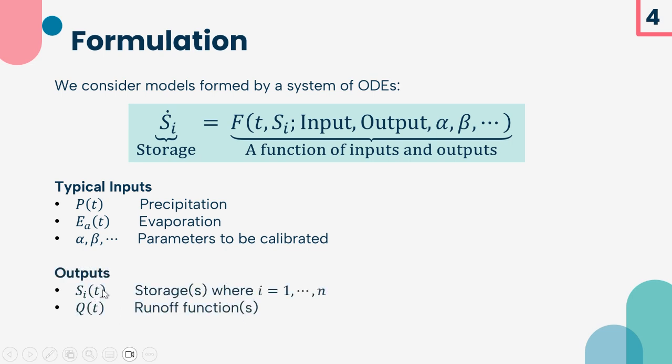So your main output is the storage, which is the key thing we want to analyze, and the runoff functions. So even though we are interested in the runoff in the end, it proves very useful to analyze the storage first and then deduce properties of the runoff from that.